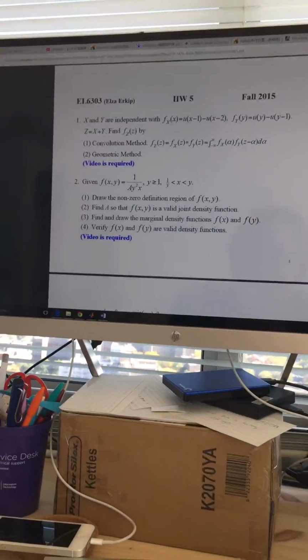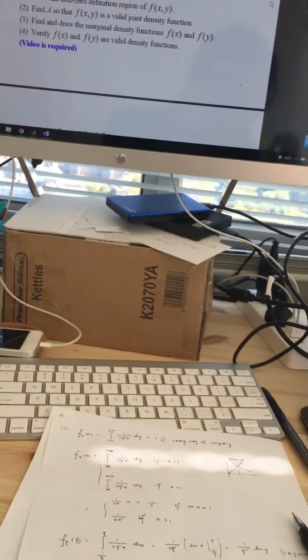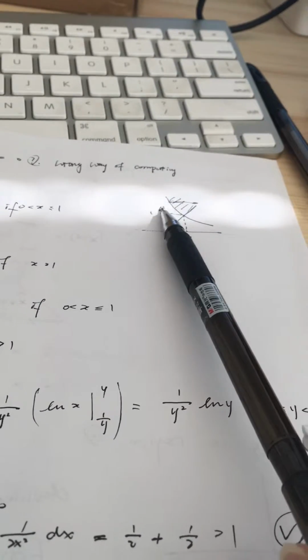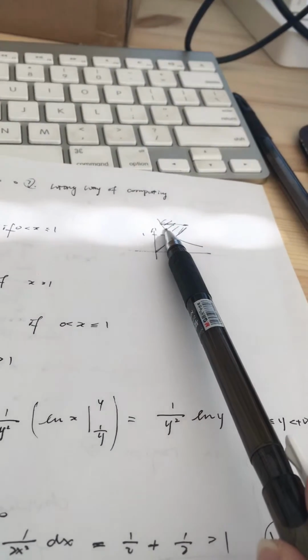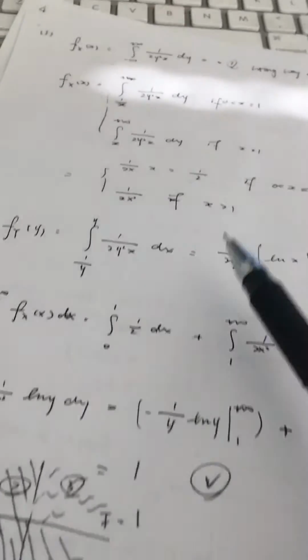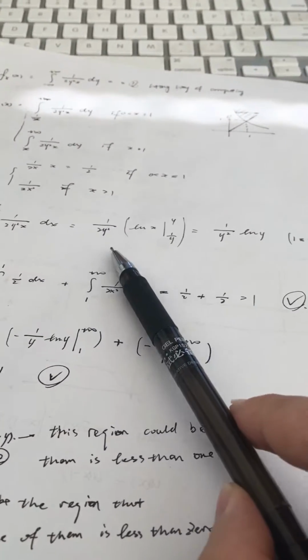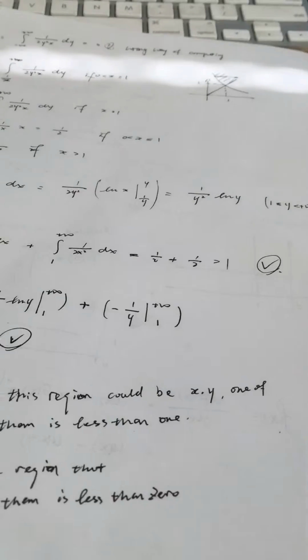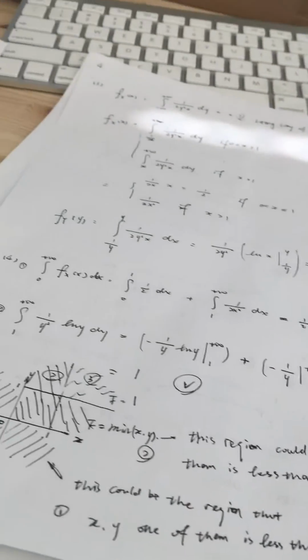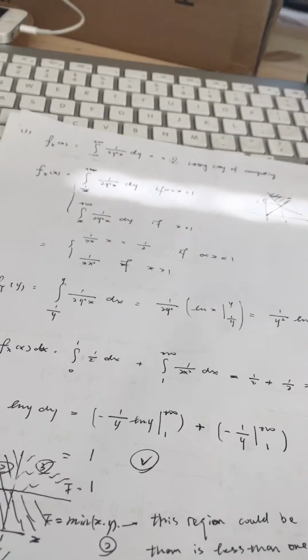Lowercase f(y) is much easier, because there is only one situation: x is from 1 over y to y, so just integrate over that interval. This is very easy to compute, and I'm not going to work through it, as it is the same kind of integral.